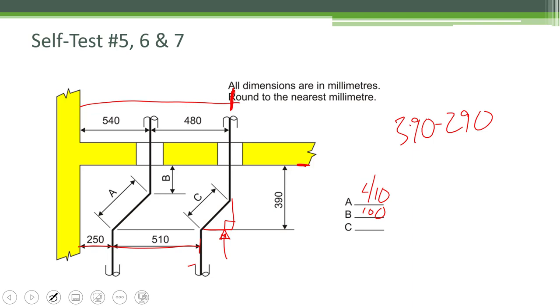I can just multiply that by 1.414, and that would tell me C. Okay, so I go 540 plus 480 equals 1020, minus 510, minus 250, and I should get 260, so that's 260 times 1.414, and I should get 367.64. To the nearest mill, it would be 368. Yeah, 368.